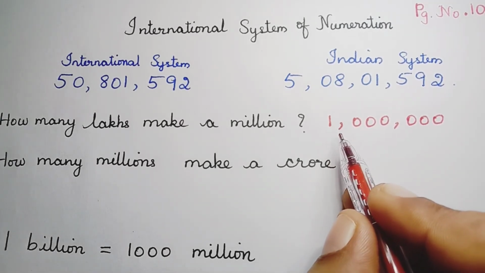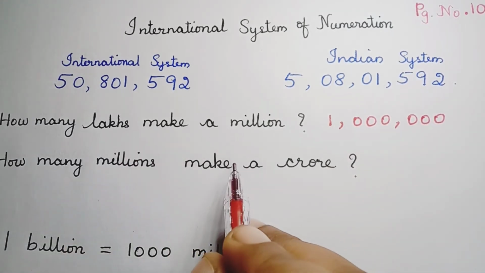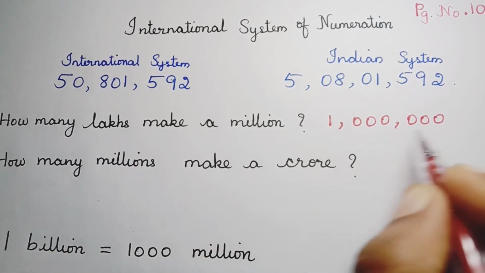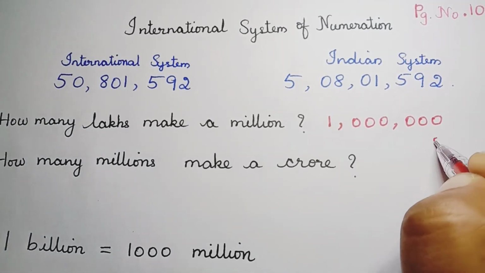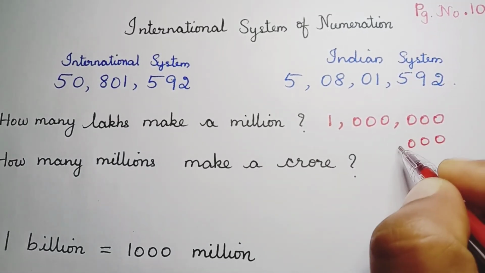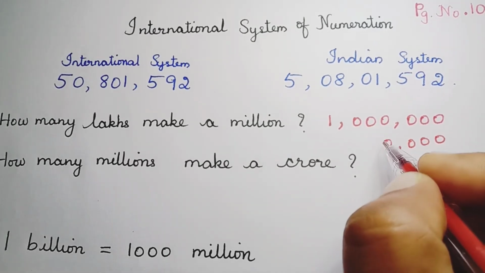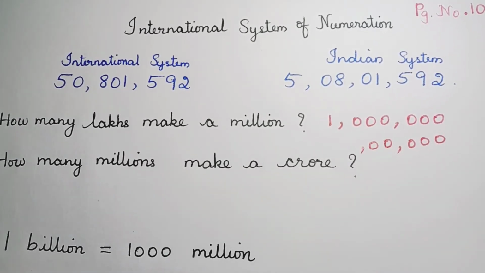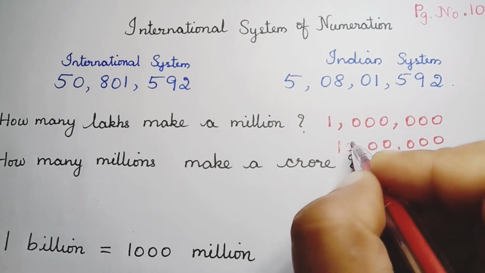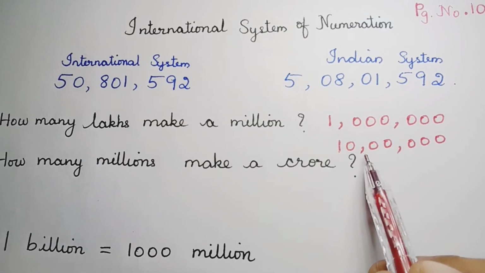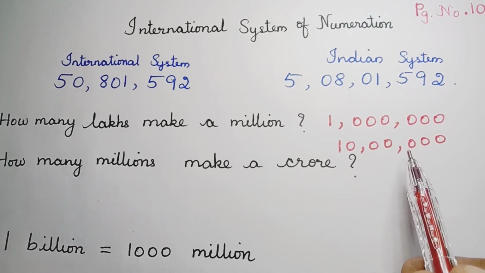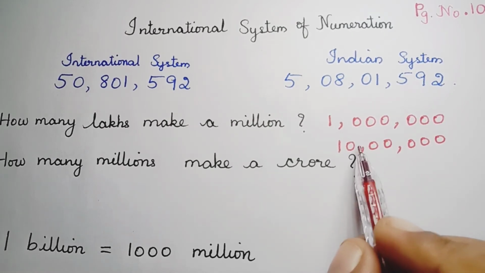So the question is asked, how many lakhs make a million? We have to write the same thing using the Indian number system. So 3 zeros, then a comma, then 2 zeros, then a comma. We have the same number, and you have to write it in the Indian number system.